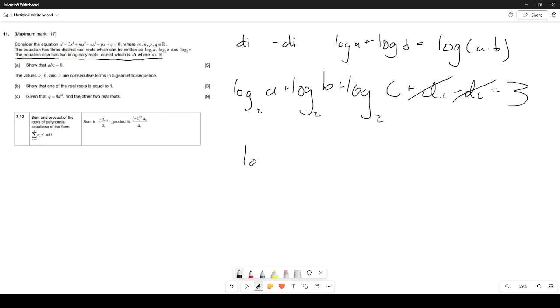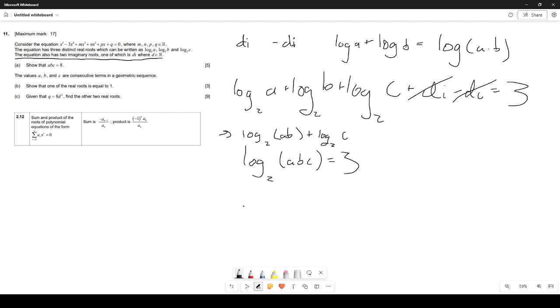So we can put log base 2 of abc is equal to 3 by combining all of these logs together. The intermediate step would be that we have log base 2 ab plus log base 2 c, and again, we use that same logic from earlier, is equal to 3.